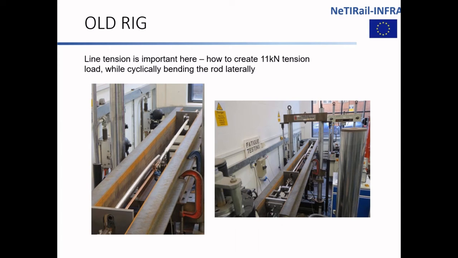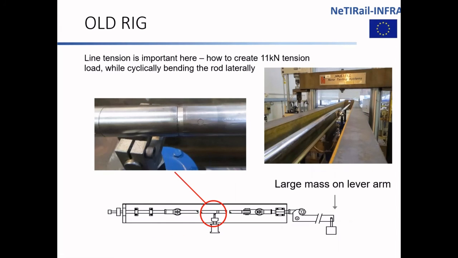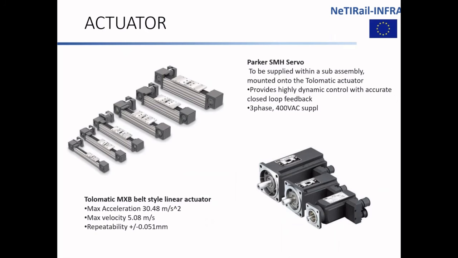In addition to the modelling work, as Tudor explained, we also upgraded some of our test facilities at the University of Sheffield in order to be able to test the overhead line accelerometers. We took one of our existing rigs which we'd used for fatigue testing of some of the neutral section elements, so this is the old rig, and upgraded the actuator that we used on that rig.